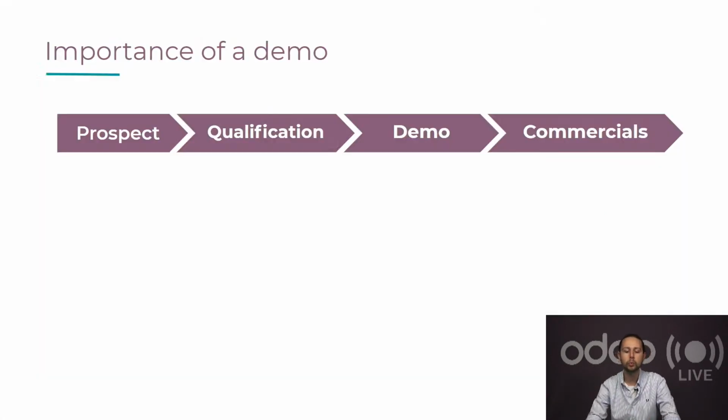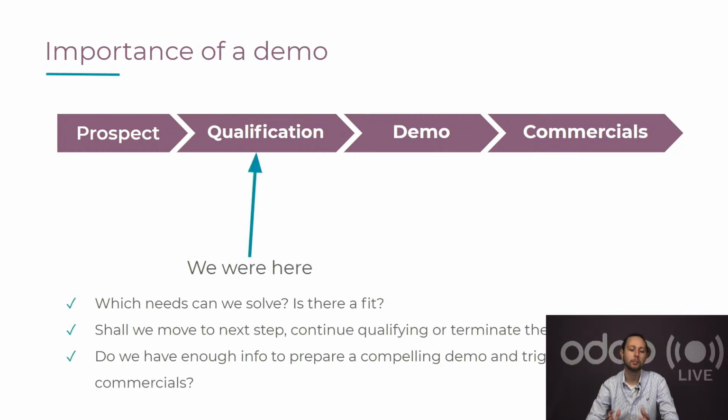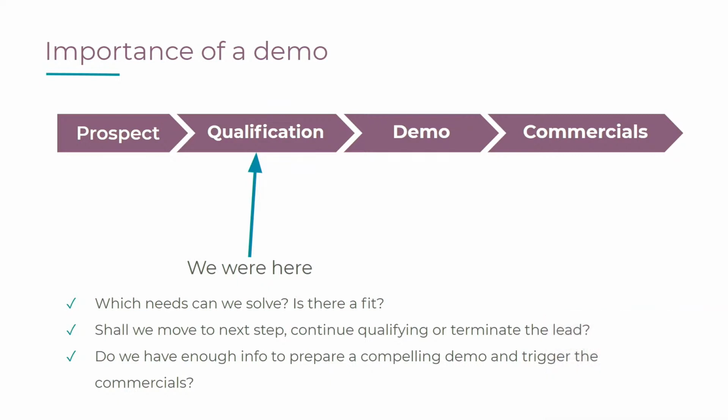So, where do we stand when we talk about the demonstration? We can start by mentioning the previous presentation, where we analyzed how you qualify a prospect or a customer. Now, you need to connect the different processes of the sales cycle. After prospection, there is the qualification, where we analyze the needs.